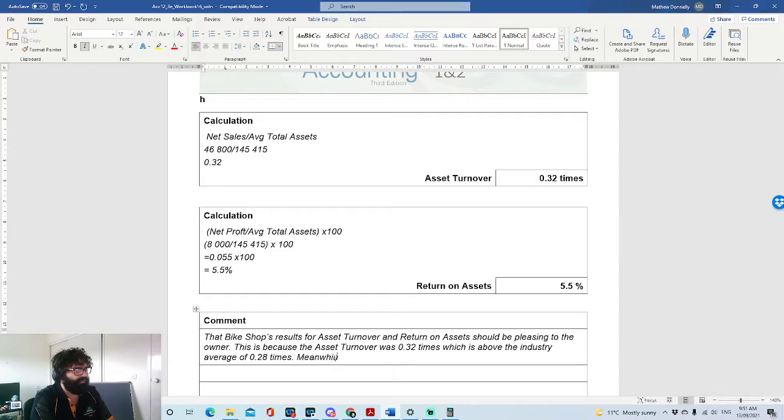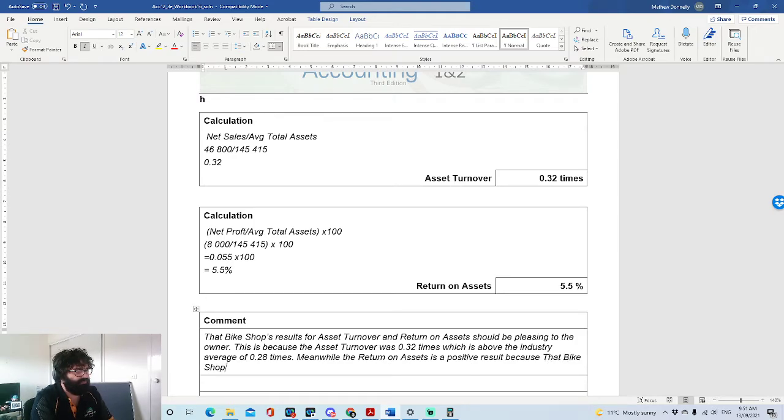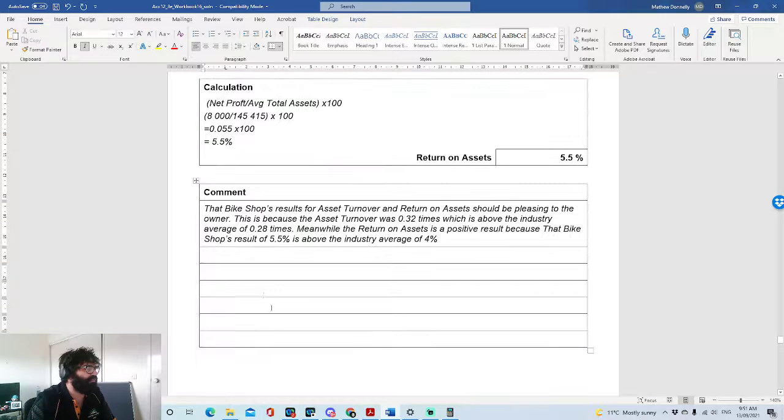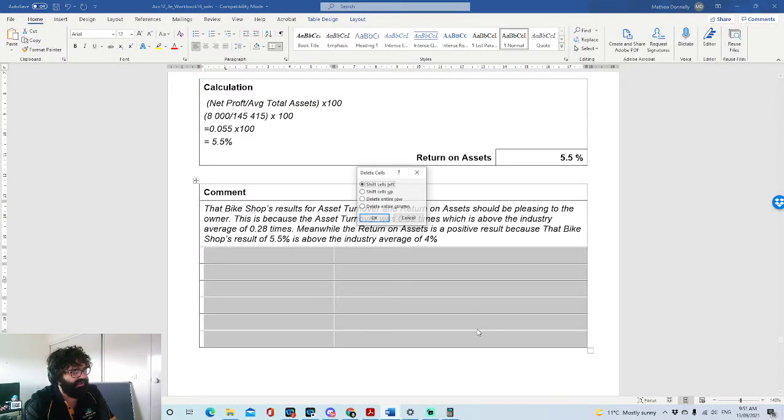Meanwhile, I can't spell, the return on assets is satisfactory, or is a positive result because that bike shop's result of 5.5% is above the industry average of 4%. So good job there. You love to see it.